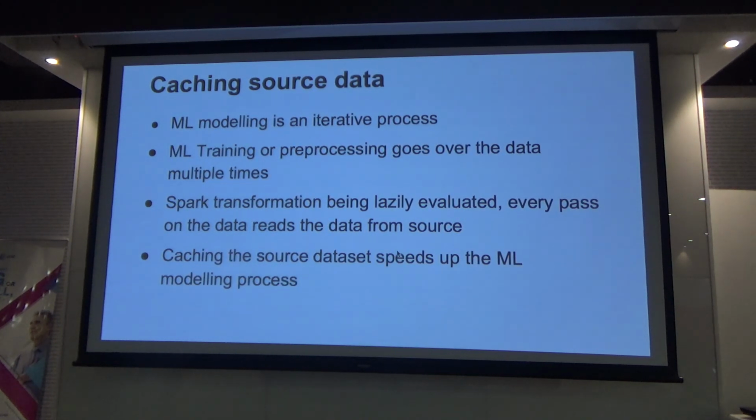Now we'll talk about caching the data. We talked about how we build the stages and other things. Whenever we do a fit, the null handler goes over the data and calculates the mean value. There may be another string indexer which goes over the data and calculates the unique values, and an algorithm stage which may go over the data multiple times. So you're going over the data multiple times.